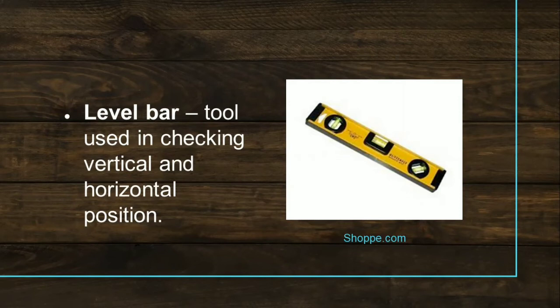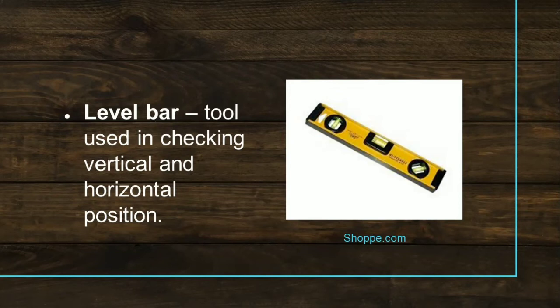So for you to distinguish whether it's correct na ang pag-imo nga pag-check sang imo nga vertical alignment or horizontal alignment, all you have to do is place the label bar in the position wherein you are checking the accurateness of the label. Then you need to make sure that the bubble is in the center. Okay, so if the bubble is the center, then the area that you are checking is correct or level.